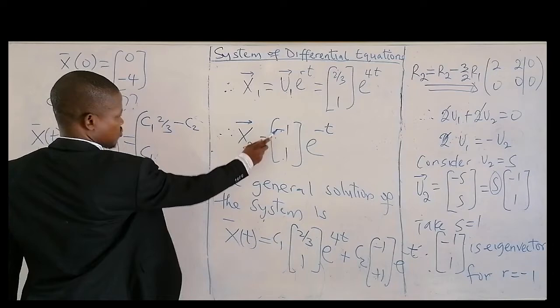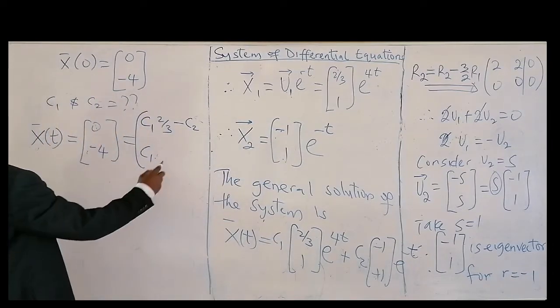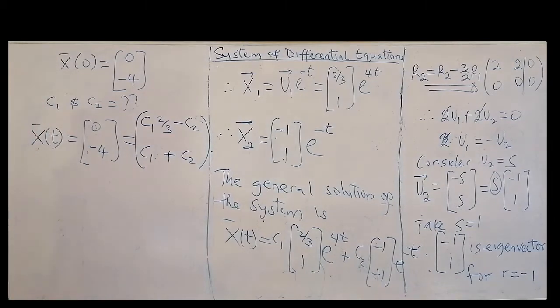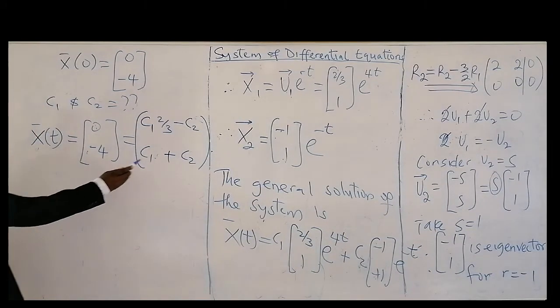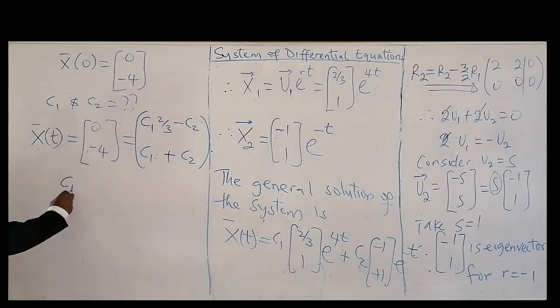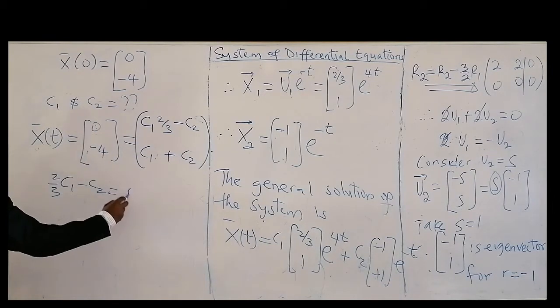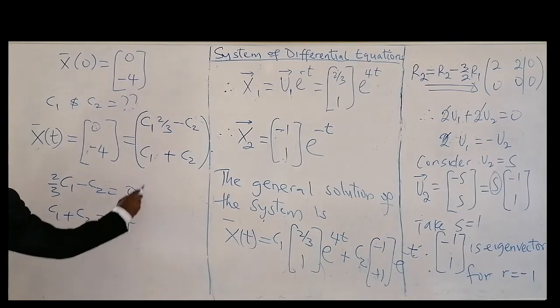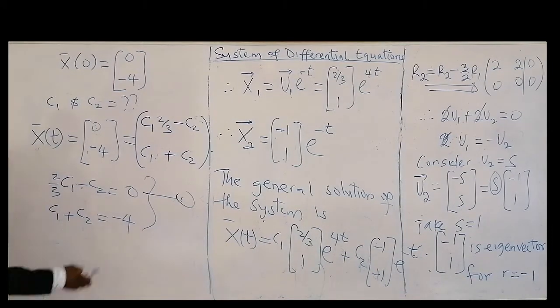So that's what we have here now. And the meaning of this is c1 times 2 over 3 minus c2 is equal to 0. And then c1 plus c2 is equal to minus 4. So these are the two equations.